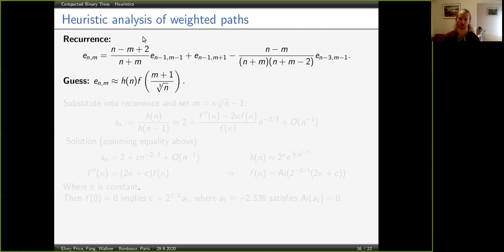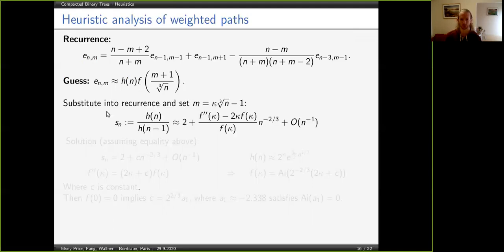Okay, so we've got this recurrence, which we want to solve, at least asymptotically, and we have this guess. But we still want to figure out what h of n and f of x are. So what we do is, as you would expect, substitute this guess into the recurrence. Now we'll get an h of n on the left and an h of n minus 1 on the right.